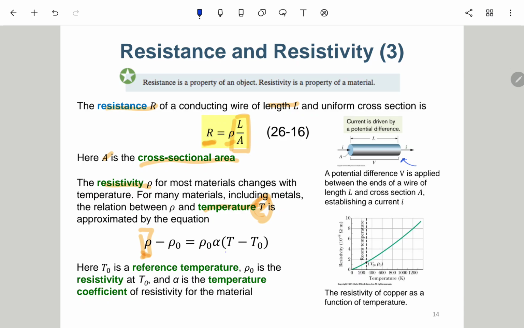You can see this is the variable T, and this is T0. T0 is a reference temperature, and rho zero is the resistivity at that reference temperature.